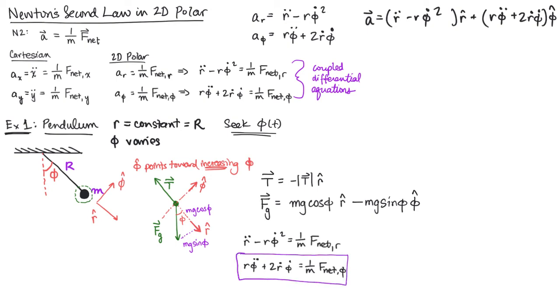So now I've copied down Newton's second law in the radial and tangential directions, and let's focus on the tangential direction because, remember, our goal is to find phi of t, the angle. And we have some information: because r is a constant, equal to capital R, that tells us that r dot and r double dot are both 0. So what that means is the second term on the left-hand side is gone.